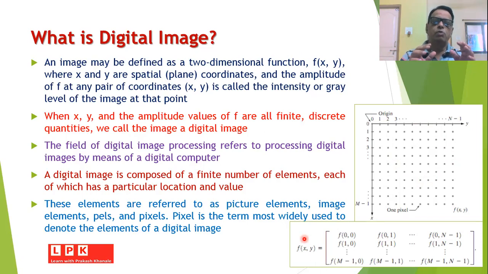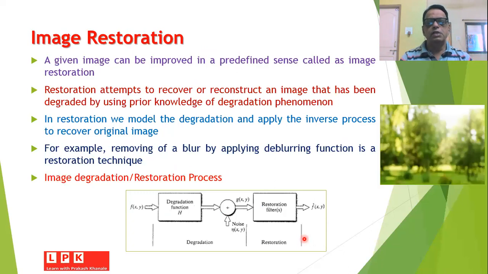Once you are able to write a matrix for a given image, you can perform different matrix manipulations on it. Let us understand what we mean by image restoration. Many times the image provided to us is not appropriate, and we need to make some improvement in the image. Such improvement in the predefined sense is called image restoration.